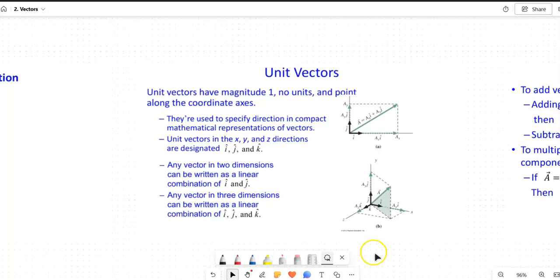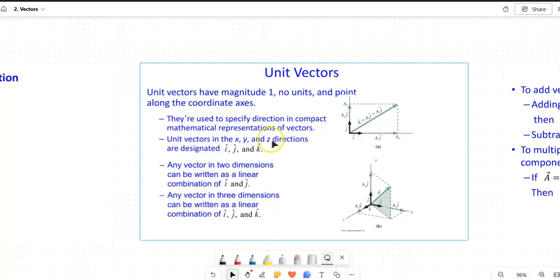So unit vector notation takes the magnitude of those vectors and adds a direction to them as i, j, and k, which is x, y, and z respectively.